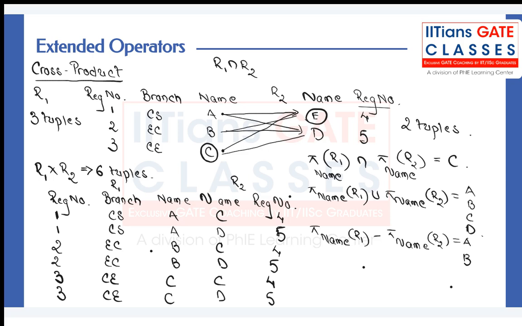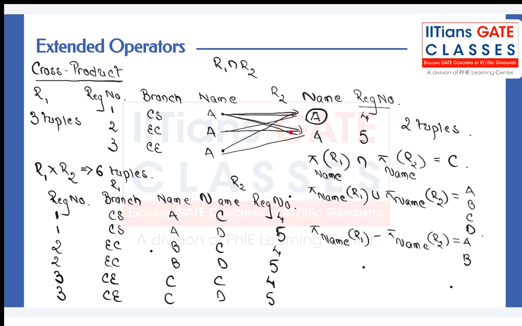And for example, if this had been capital A, this also capital A, this also capital A, this also capital A, how many rows would you have gotten? The first row would have matched with both these rows because they have the same name.